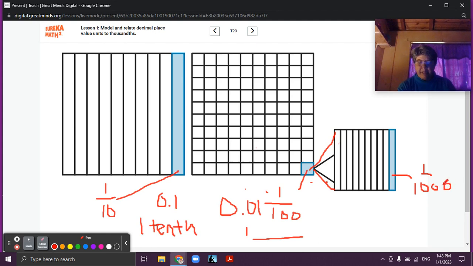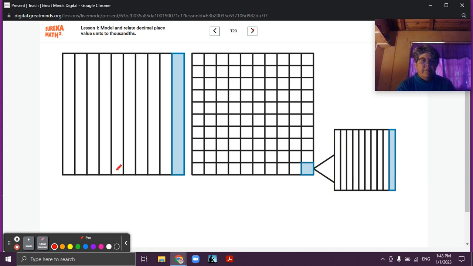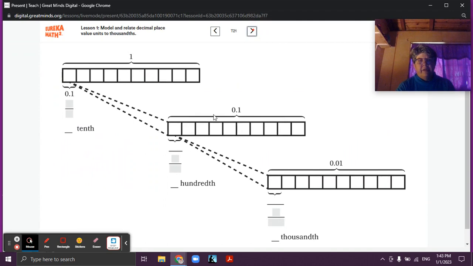Now we're doing it by an area model broken into 3 parts. And we're going to do it one more way before we end our video, and that is the tape diagram. Okay? So let's just take a minute to look at this tape diagram and get a good understanding for what we're seeing here.